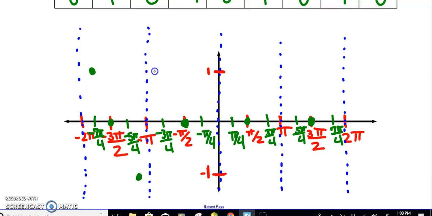It's going to happen each time: 1, 0, -1. And then our graph is going to be like this. And again, it does not cross the asymptotes.